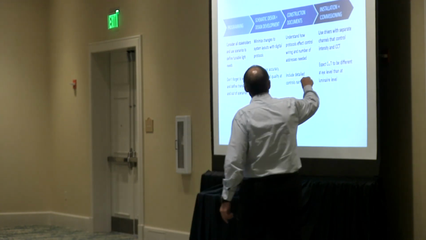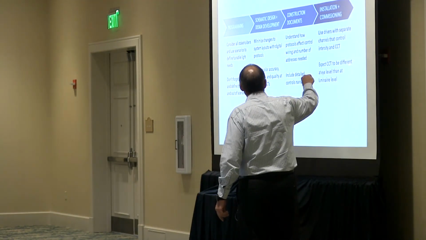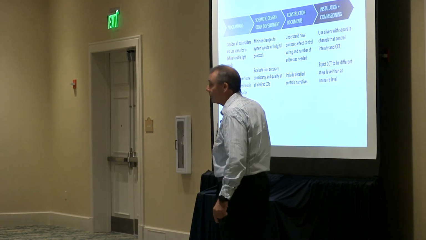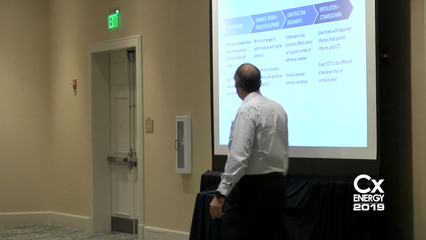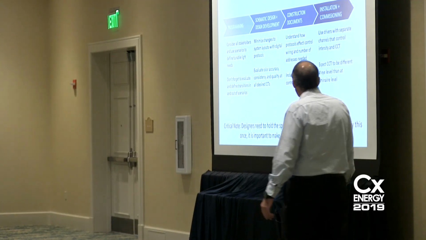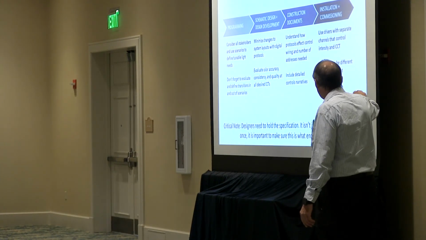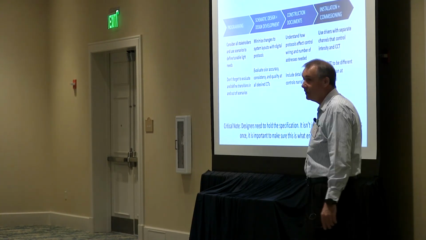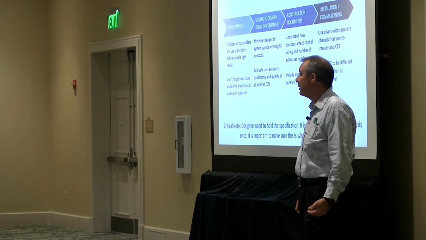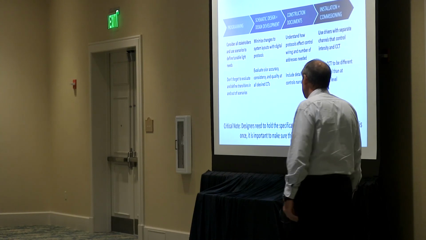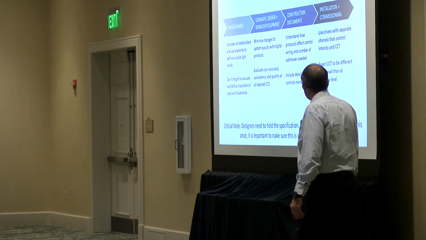And then expect the color temperature to be different at eye level than at the luminaire level because of the absorption of materials. So, takeaway, designers need to hold the spec. It's a lot of work, and the person who's working with the owner to cut the cost doesn't really care.